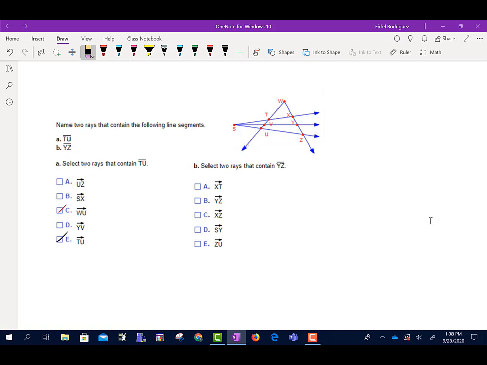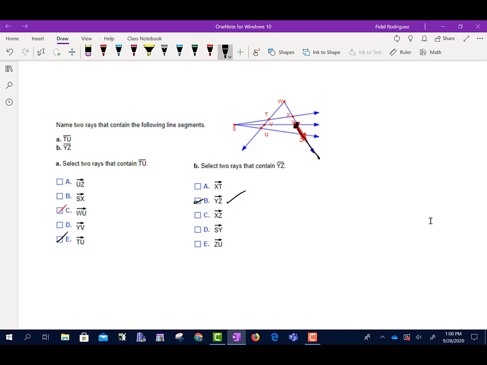Alrighty. Okay, so now look at YZ. Let me go with red here. So here's Y, here's Z. We're looking for something that's going to be on this line here. Okay, so let's take a look. Would XT work? XT, no. Would YZ work? YZ would start here and keep going.